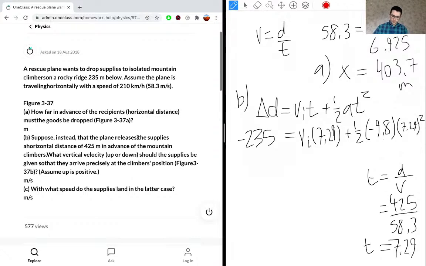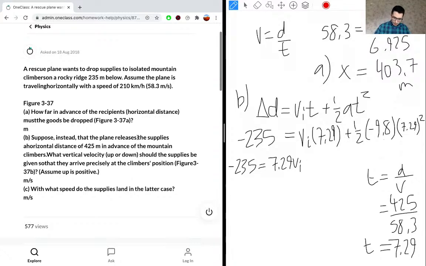Okay, so now all we have to do is solve for the initial velocity. So we know that negative 235 equals 7.29 VI, and then we have half times negative 9.8 times 7.29 squared.